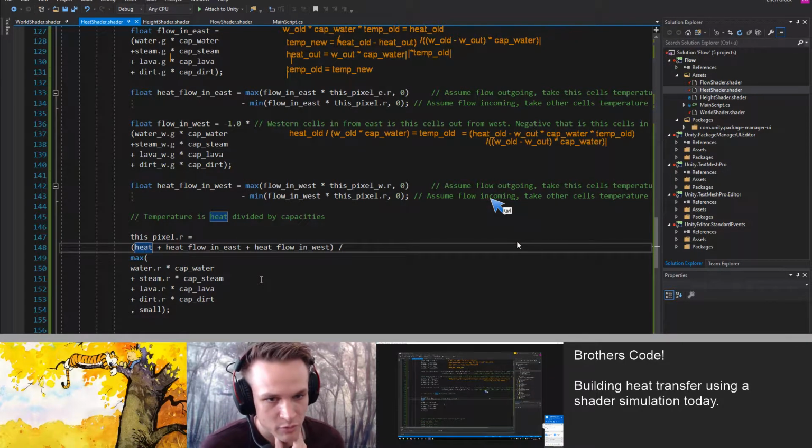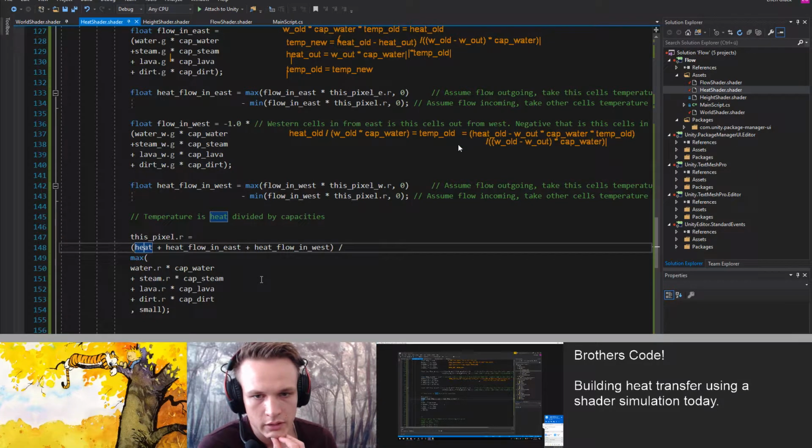Okay, and these two things are supposed to balance. Wait, hold on. But there's no way this can balance. So I think there's something about how we're doing this flow that is just wrong.